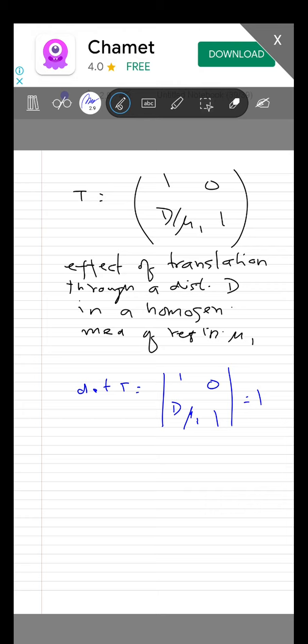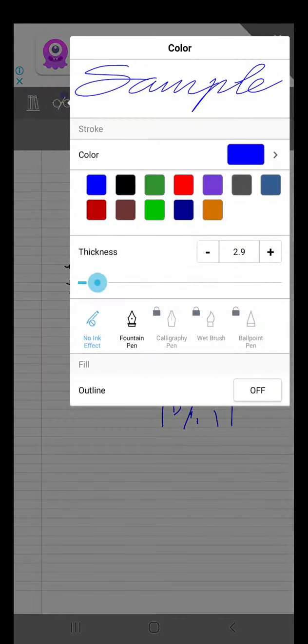We can calculate the refraction matrix in a similar way. So let me write the expression.